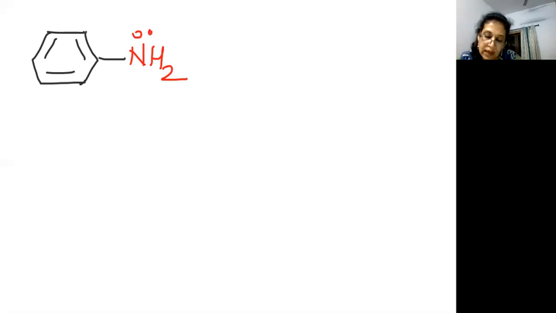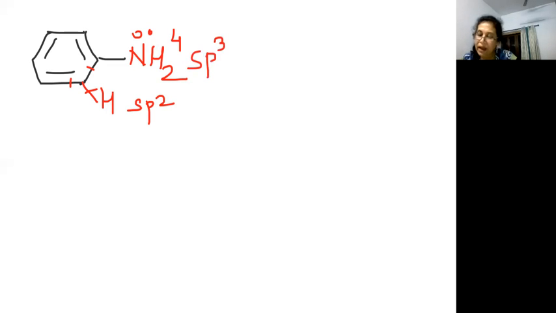In benzene, all the carbon atoms are sp2 hybridized, because we have 3 sigma bonds. So all of them are sp2 hybridized, and the nitrogen here has steric number 4, so it is sp3 hybridized. Let me write sp3 hybridized for it, and let's start making the structure.